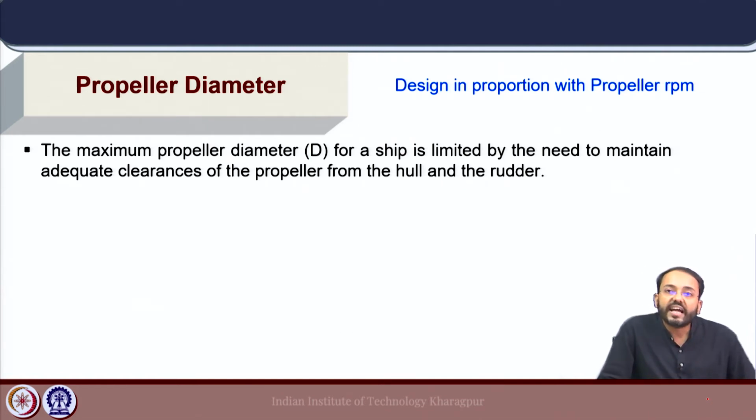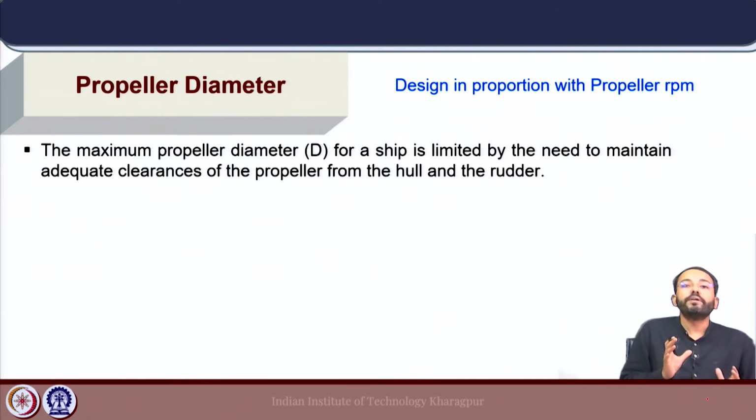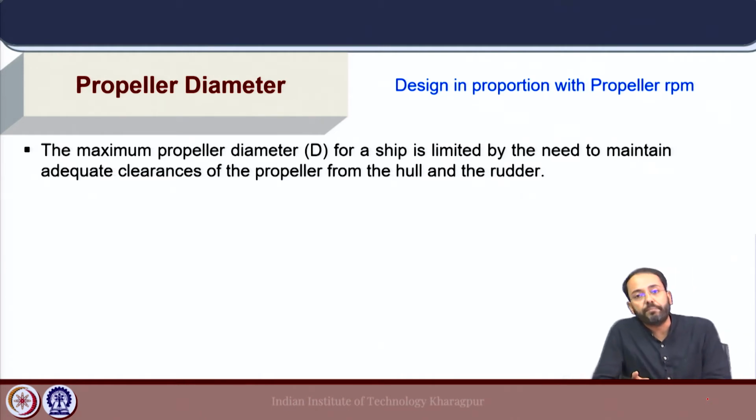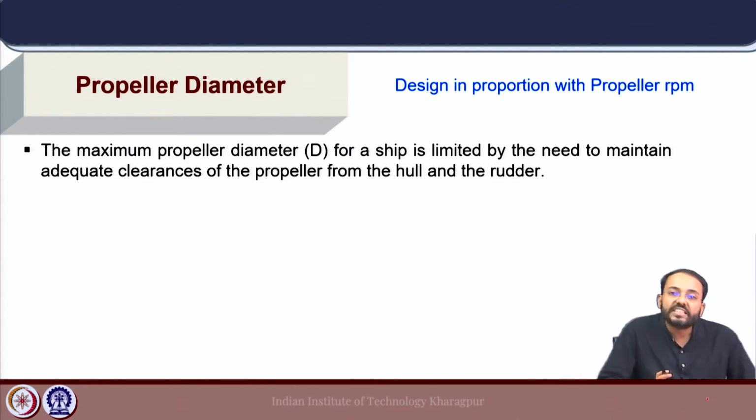Now, the design of the propeller in terms of the diameter or in proportion of the propeller with respect to the ship will relate to the propeller RPM, and the maximum diameter with proportion to the ship is limited by the requirement to maintain adequate clearance with the hull.